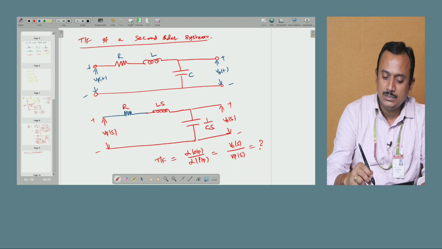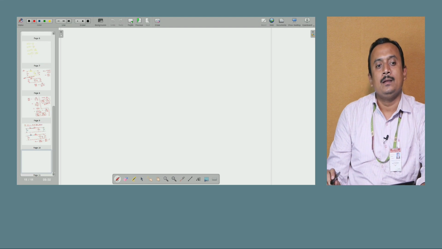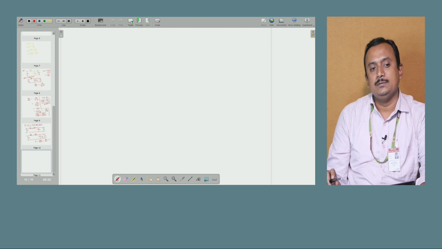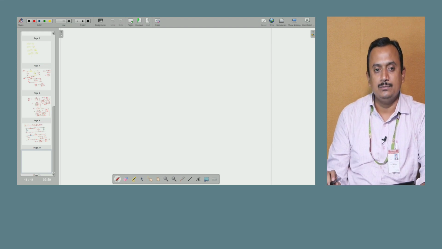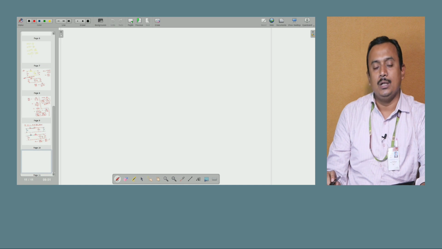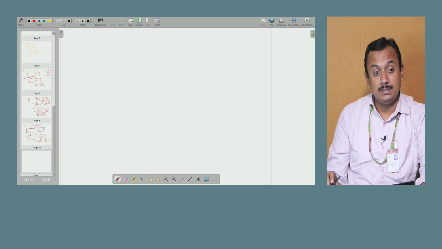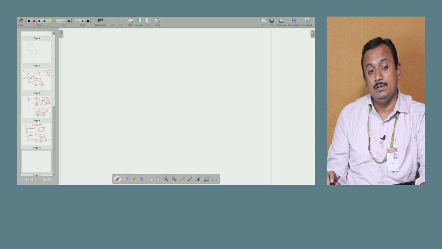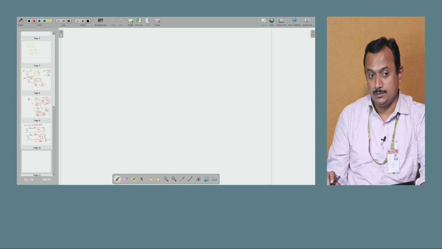Now as I told you, to find out this V naught of S by Vi of S, we can use the basic rules like series reduction technique, parallel reduction technique, or a combination of series and parallel, and also we have the standard laws like KVL, KCL and so on.